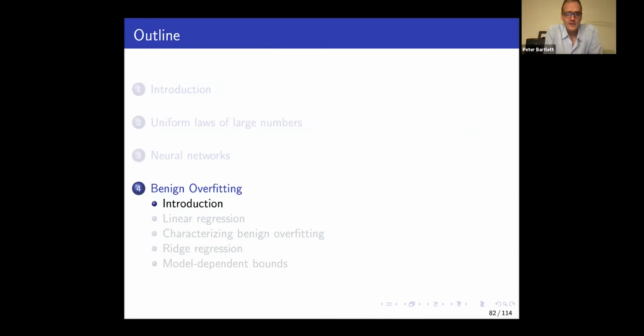We still have 10 minutes for questions. I didn't get to the last section. The last section is on more recent work that's motivated by empirical observations that actually you can get pretty good performance even if you're fitting to the noise with a regression loss.